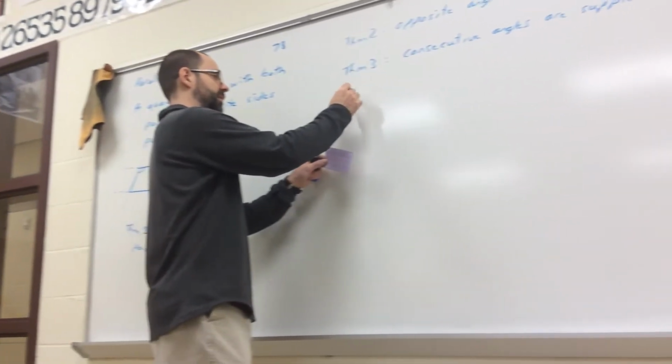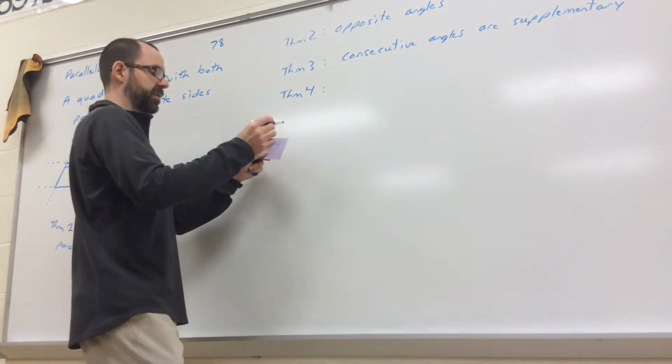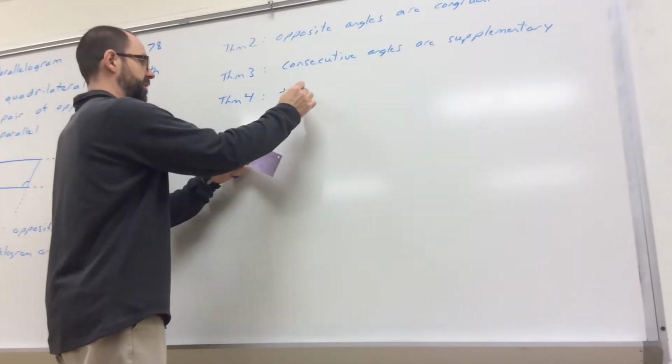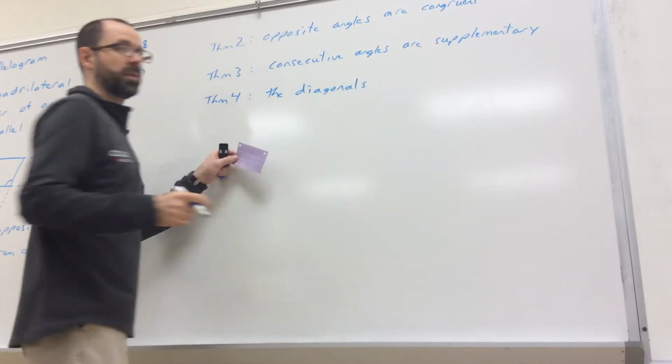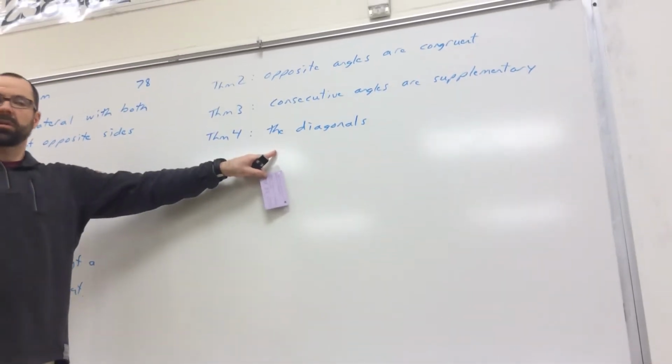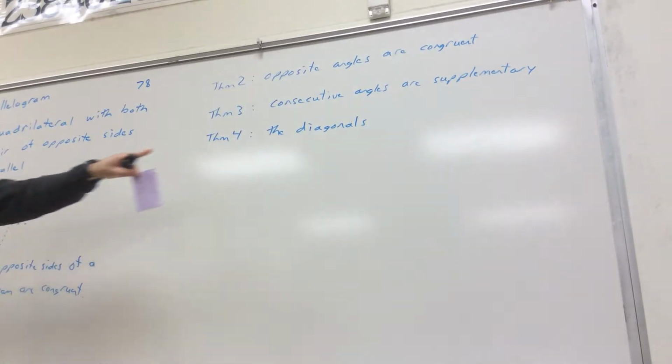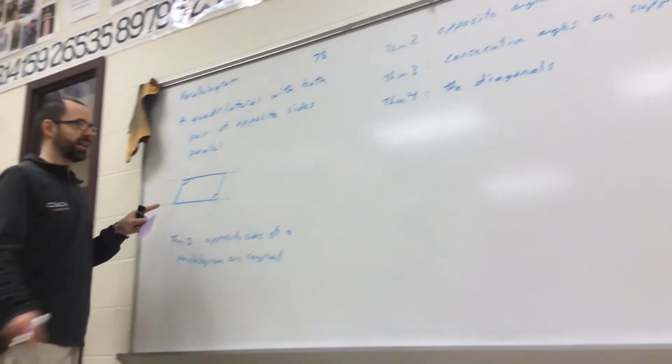Okay, then the last thing that we're going to mention about parallelograms is the diagonals. So this is the first time we've had the word diagonal, so I have to explain what a diagonal is.